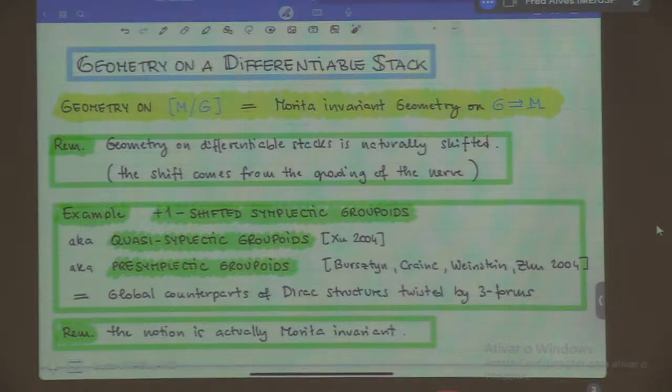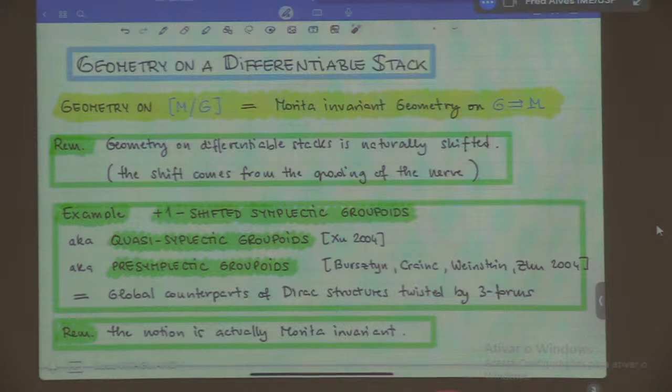So we might have a zero shifted structure, one shifted structure, or even negatively shifted structures, and so on. Among all the possible structures and shifted structures on a differentiable stack, of particular interest for people in Poisson geometry are the plus one shifted symplectic structures.